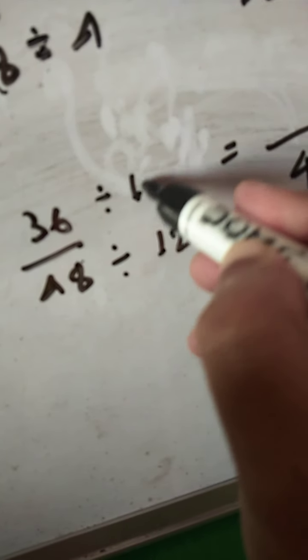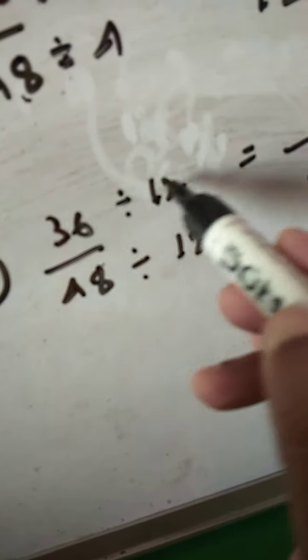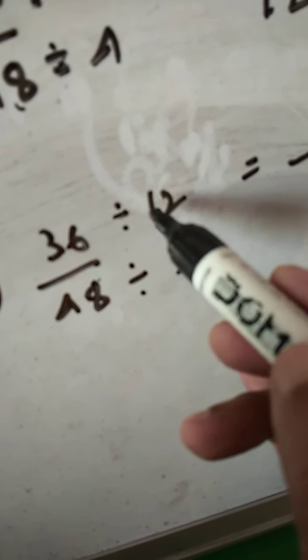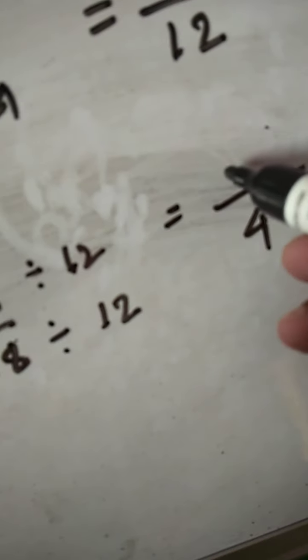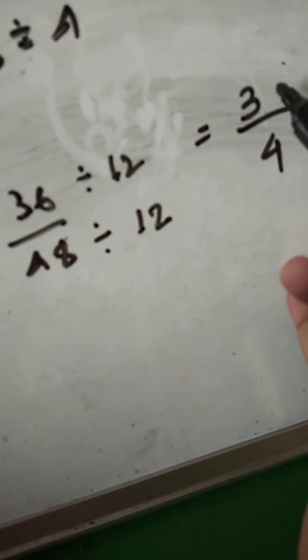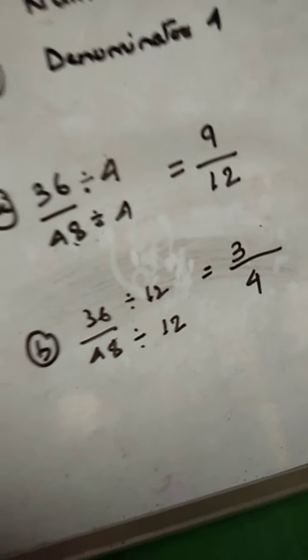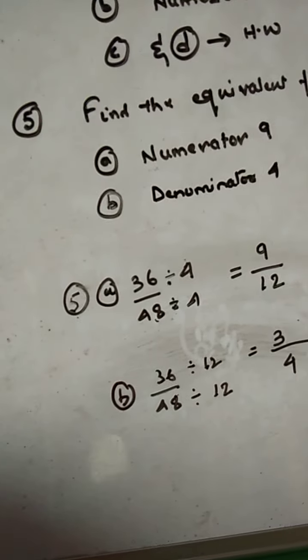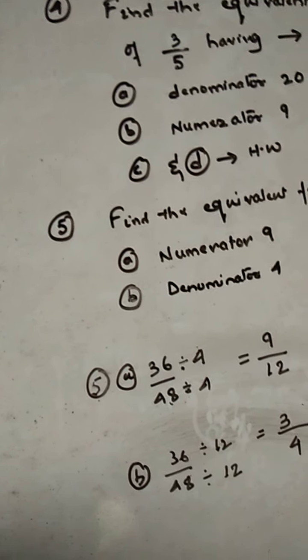The same thing you have to do with the numerator also. You have to divide 36 by 12. Now, what is the answer then? 36 divided by 12 is 3. Okay. So, 36 divided by 12 is 3 and 48 divided by 12 is 4. So, this is your required fraction. I hope both the sums were very, very easy.